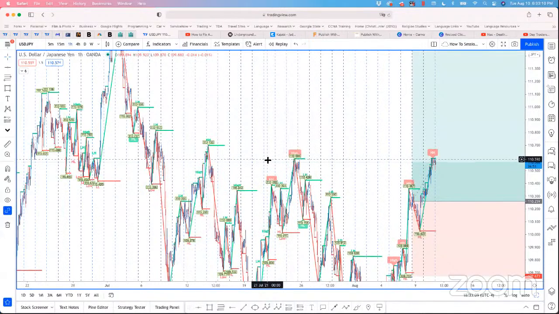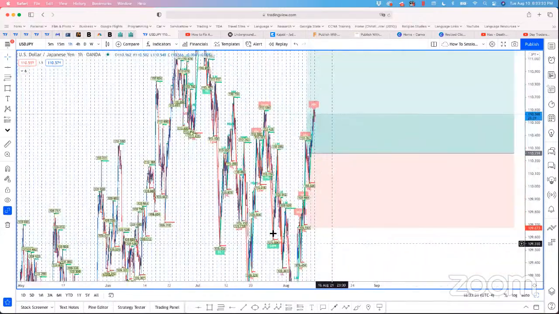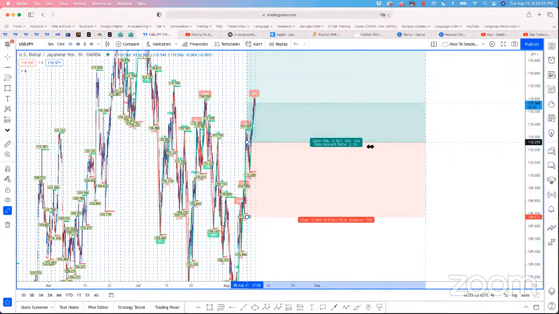It broke structure and started heading up, so I was just trying to take it long. Honestly, I had a very small lot size in it, so I was just going to try to swing it. Okay, yeah, should be good on that.